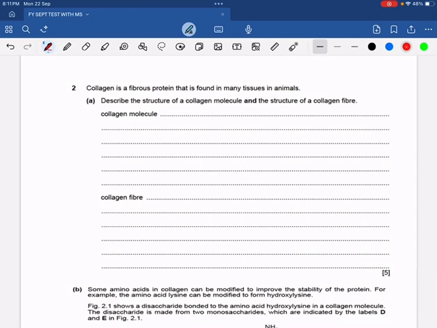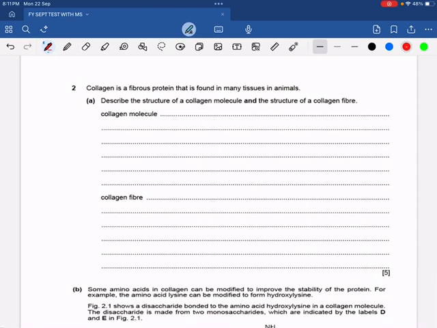you should come up with answers which are actually required by the examiner. So if I look at the mark scheme of this question, which you cannot see on my screen right now, but I have it in front of me. It says, describe the structure of a collagen molecule and the structure of a collagen fiber. Now, one thing is for sure, the examiner does not want the function of the collagen molecule and the function of a collagen fiber.